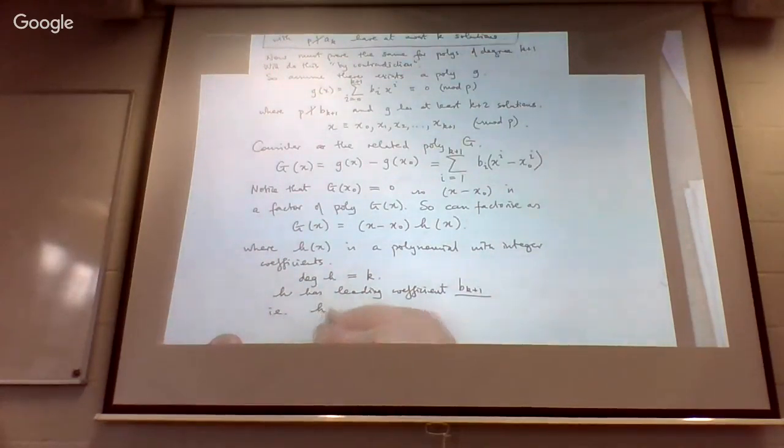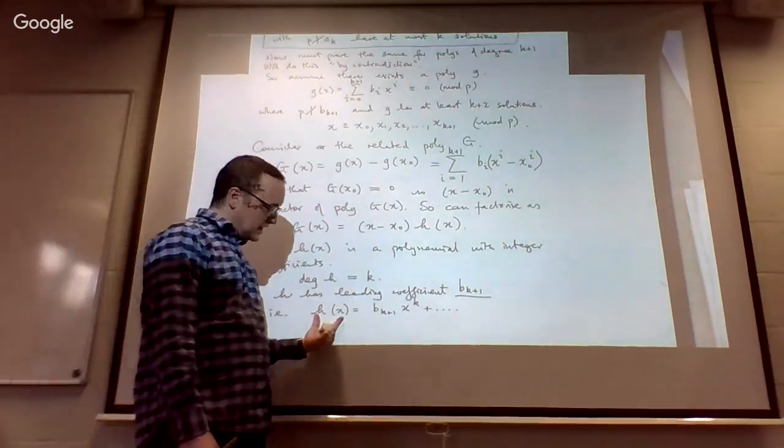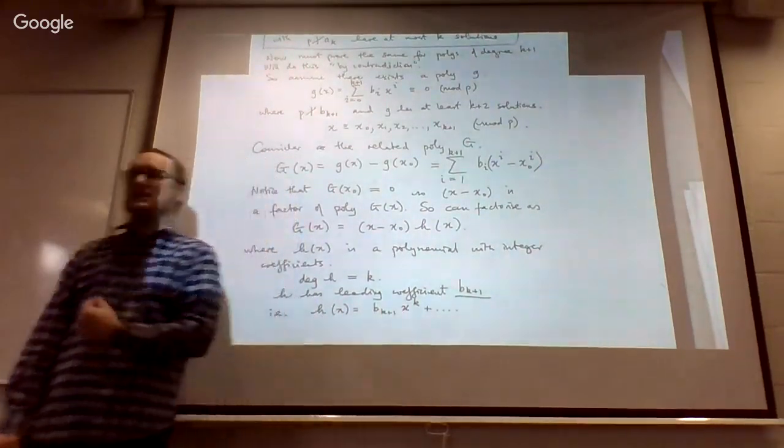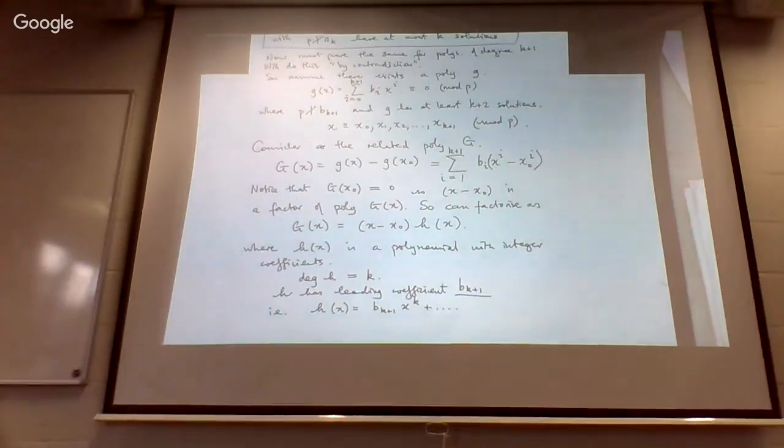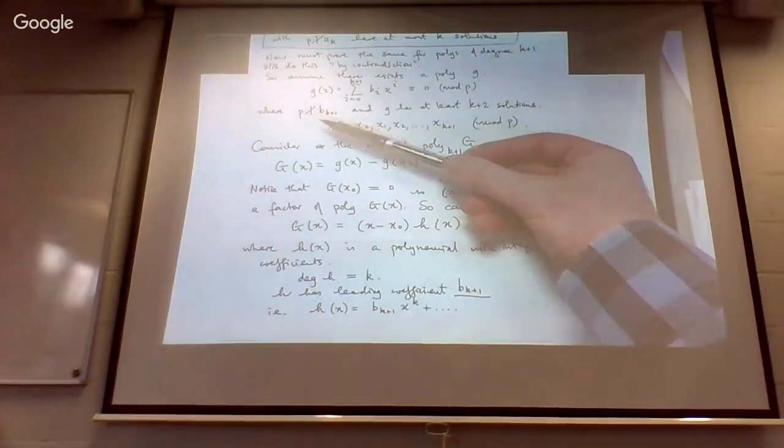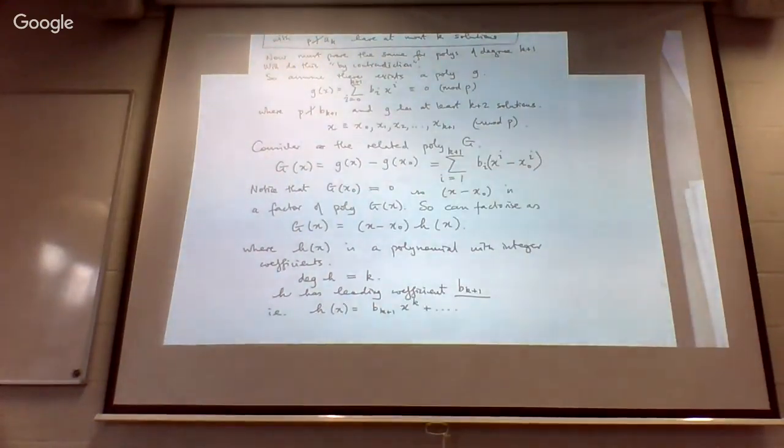I.e. h of x is b_{k+1} x to the k plus other lower degree terms. But h of x is a polynomial of degree k. And we already know that p does not divide b_{k+1}. That comes from above.